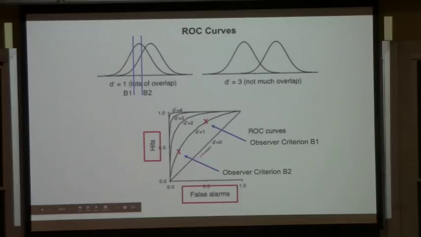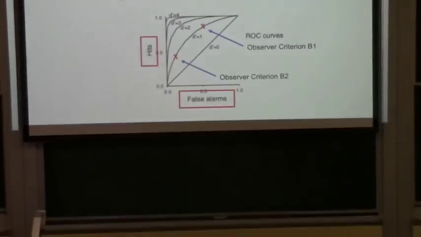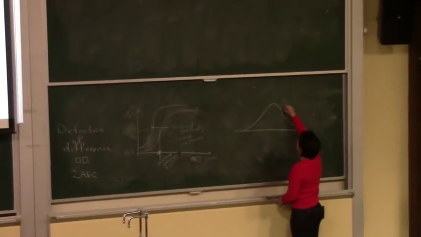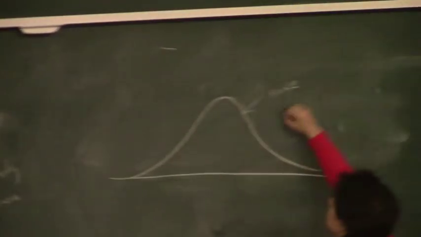Now this line represents when you don't actually have any difference between your stimulus curve and your noise curve, meaning they're exactly right on top of each other. So let's go through that one, because if you understand that one, then you can understand all of them. If your D prime is 0, that means that your curves are identical. This is both my noise curve and my stimulus curve.